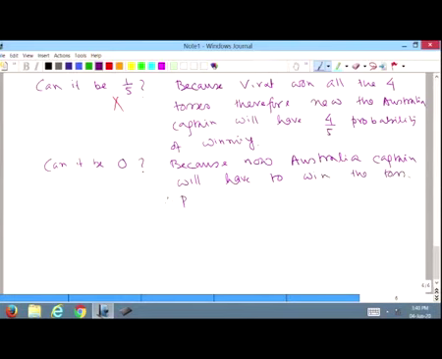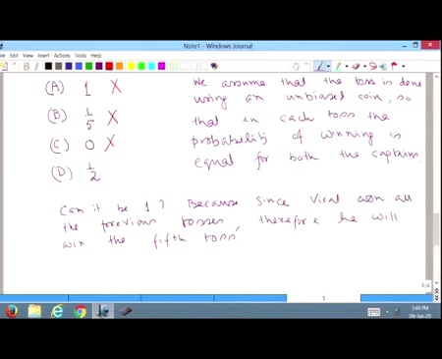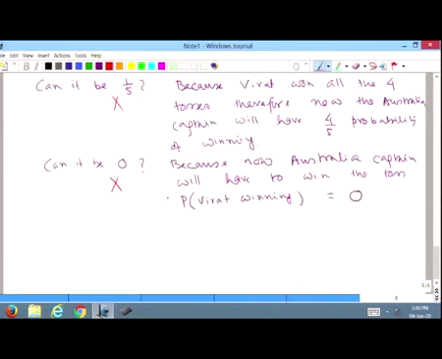Therefore, probability Virat winning is equal to 0. That is also a wrong answer. Therefore, we cancel that.